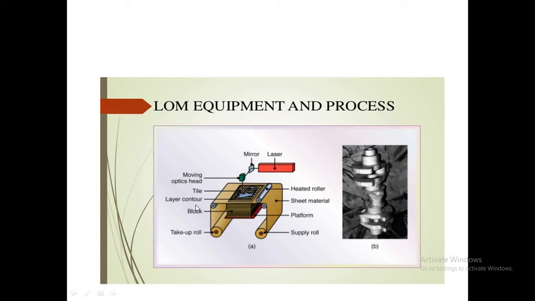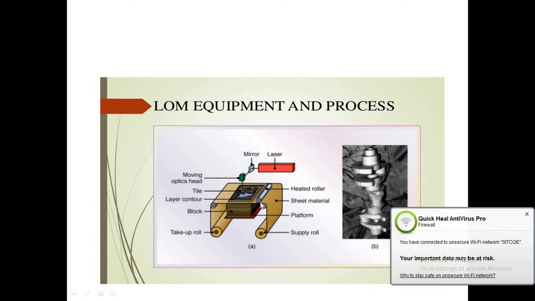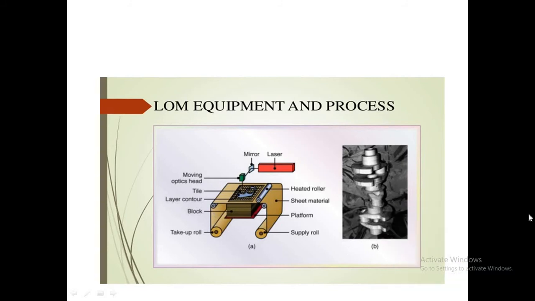Now this is the contour you can see over here, and this is the sheet material, this is the moving head, this is the mirror, and this is the laser, and this heated roller will move across the sheet material to laminate the parts. From one side the material is being supplied, and on the other side the excess is taken out.